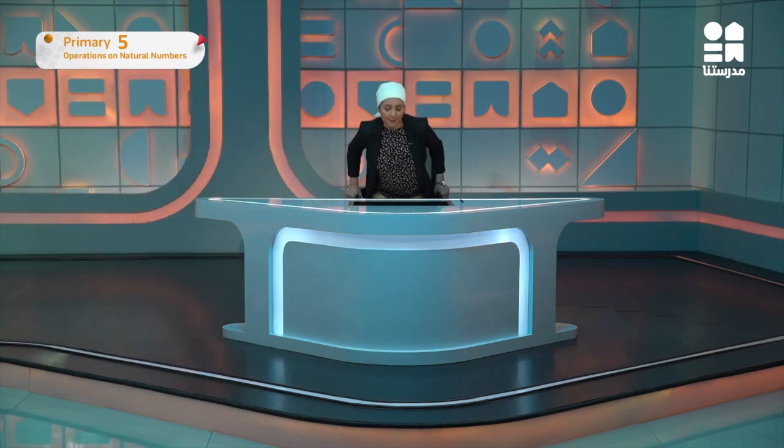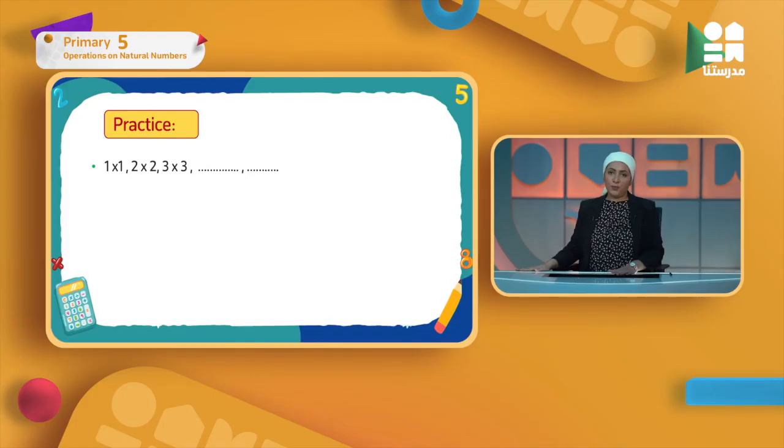And our last example for today, as you see in front of you, we move with a certain pattern: 1 times 1, 2 times 2, 3 times 3. So the pattern here is to multiply every 2 similar numbers by each other, but we move in order, one by one.